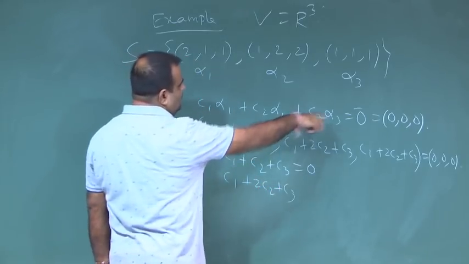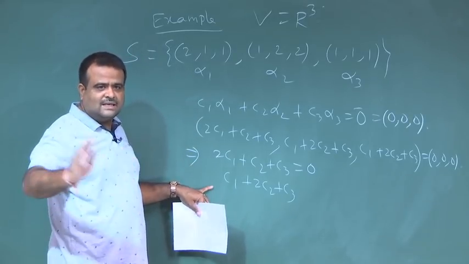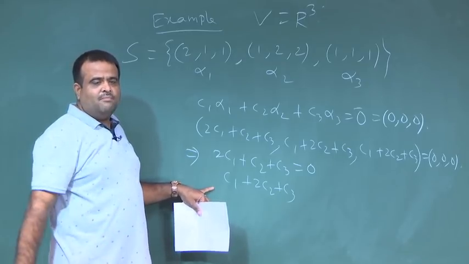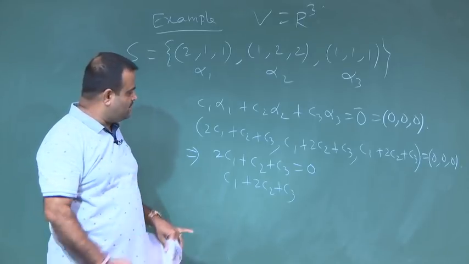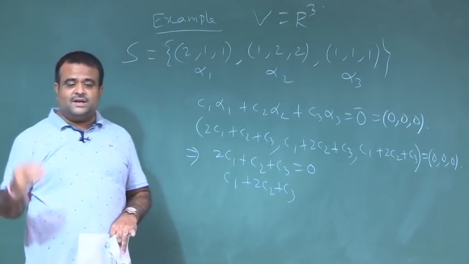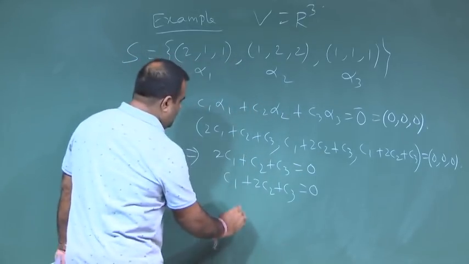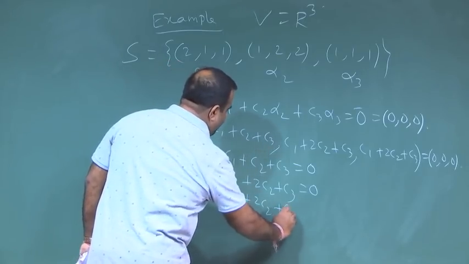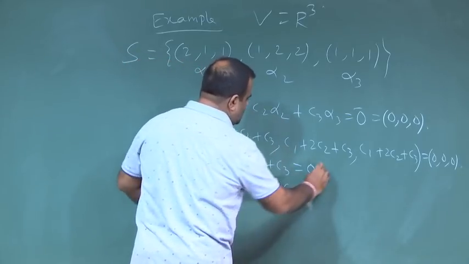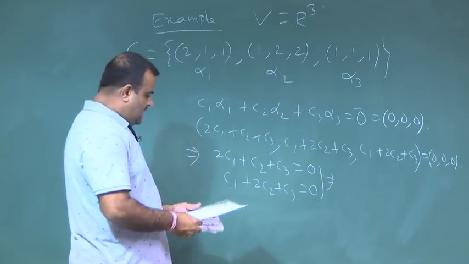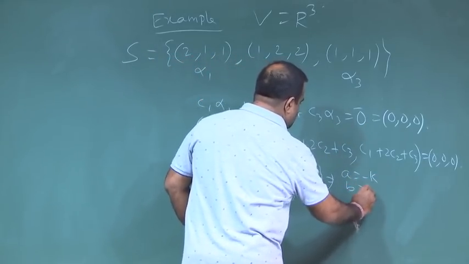So, we have taken a linear combination to be 0. Now, if all the C i's must be 0, then this is linearly independent, but if we can get some non-zero C i's, then this set is linearly dependent. So, we have to check whether we are getting some non-zero C i's or not. This is equal to 0, again we have the same equation, this is equal to 0. So, we can ignore one of these. We take these 2 equations and we can easily check that if we put A equal to minus k, then B will be equal to minus k.